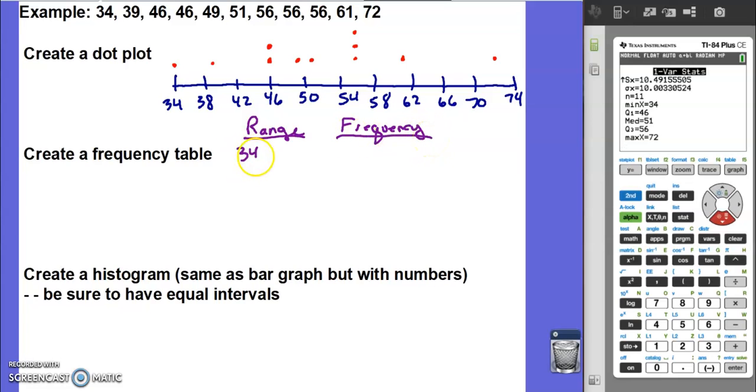If we did the range of 34 to 38, there's one of them in that range. Then 39 to 43, there's one in that range. I'm going to keep going on, 44 to 48, there's 2.